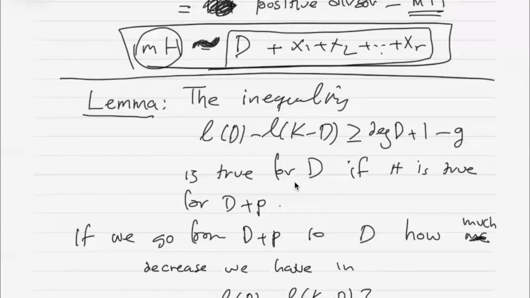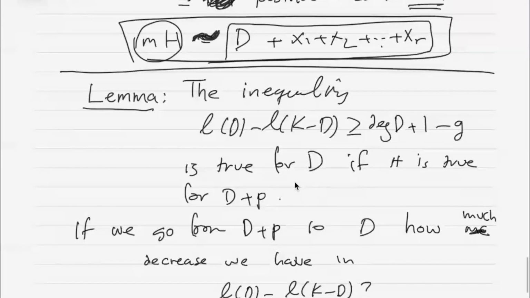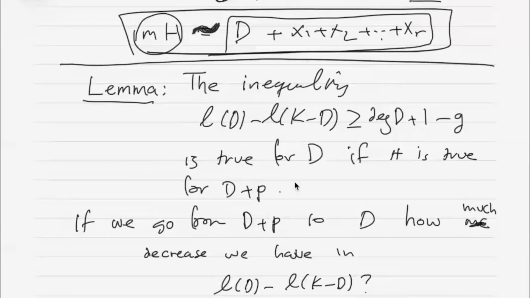If I can show that we have at most a decrease by 1, then we are done. Because the degree of D is decreased exactly by 1, and if this is decreased at most by 1, then the inequality will remain true.